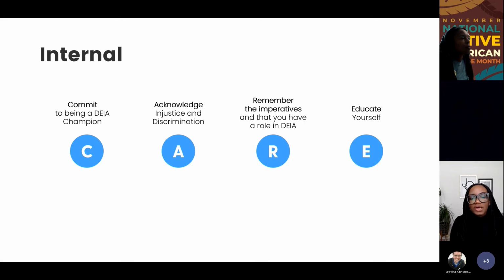And also, I would caution too that when you're looking to educate yourself in this space, to make sure that you're taking time to educate yourself in a variety of topics related to DEIA. So, looking also at gender disparities, but looking at race, looking at LGBTQ plus community issues. Learn about disability rights. There are so many different spaces to educate ourselves in.